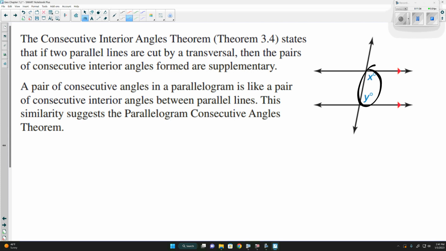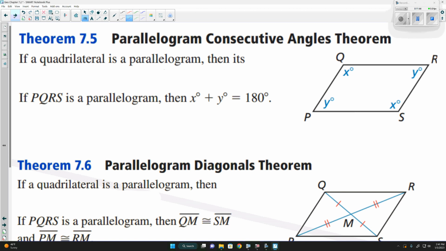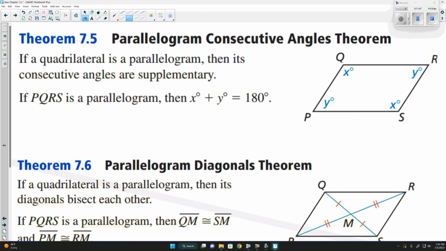A pair of consecutive angles in parallelograms is like a pair of consecutive interior angles between parallel lines. Two parallel lines cut by a transversal. So what that means for us is that if a quadrilateral is a parallelogram, then its consecutive angles are supplementary. It doesn't matter which direction we go.